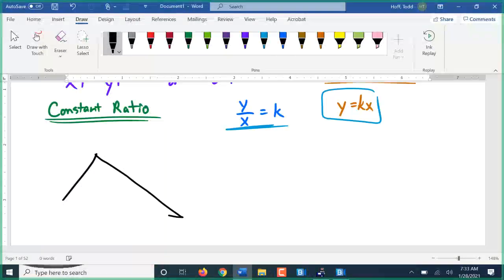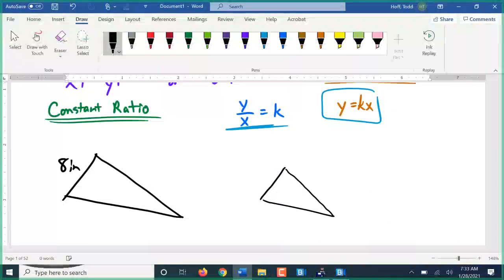we've been looking at similar figures. So if this is 8 inches, 20 inches, and 24 inches. Now, of course, to tell which sides are related, we have to show you the angles.